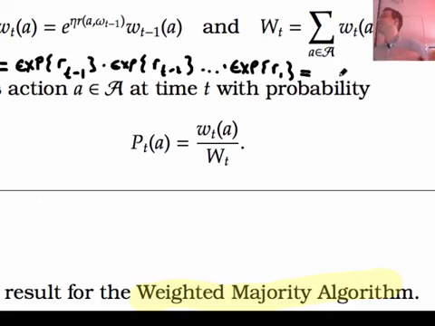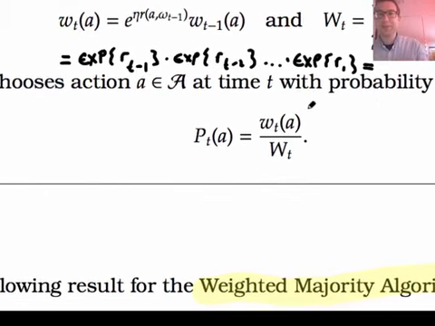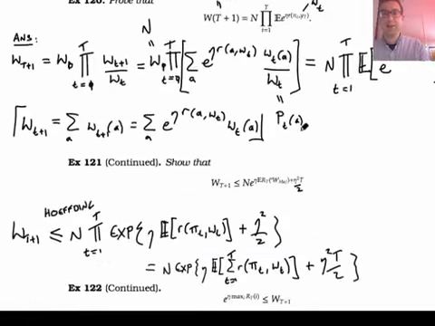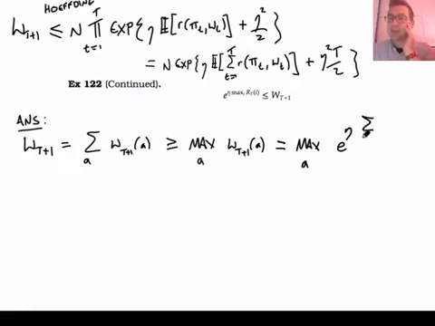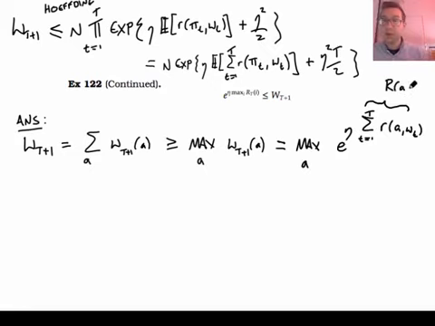So in other words, what I'm saying is that it is really e to the eta of the sum of all the rewards from time t equals 1 to t, r of a of omega t. And that is really just the total reward of following action a.